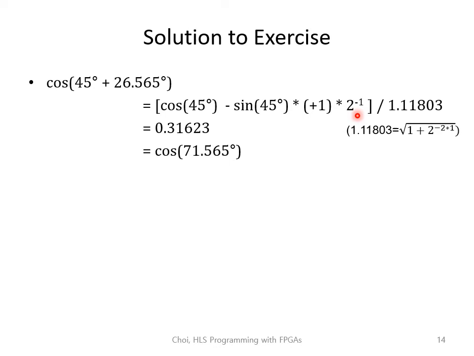We then need to multiply the scaling factor, 1.11803. You can look it up in the table in the previous slide, or you can compute with this equation if you want. And if you compute this, you can check that it equals 0.31623, which is the same as the value of cosine 71.565 degrees.